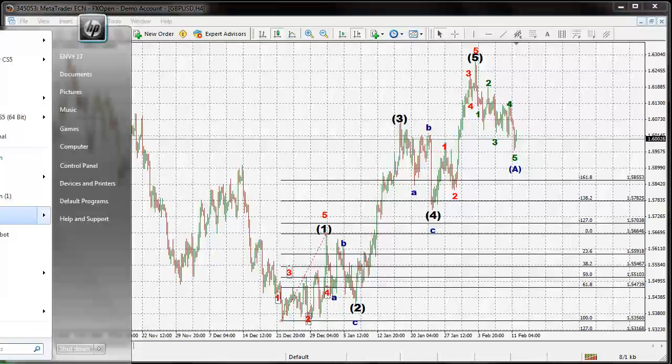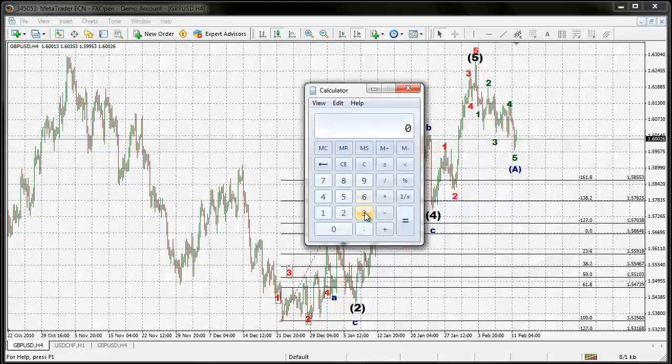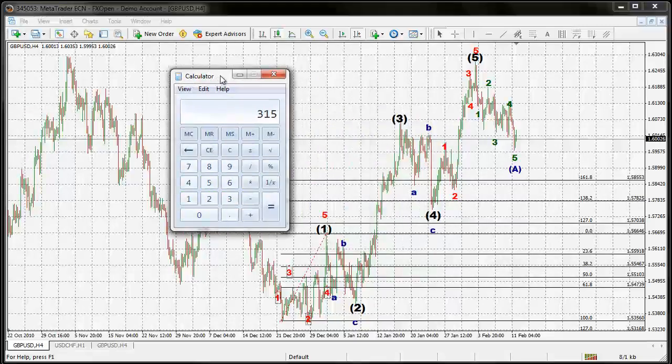So let's get our calculator out and type in 315 pips, and work out what the retracement would be. Times 161.8, so what we need to do here is plus 61.8%, which equals 509.